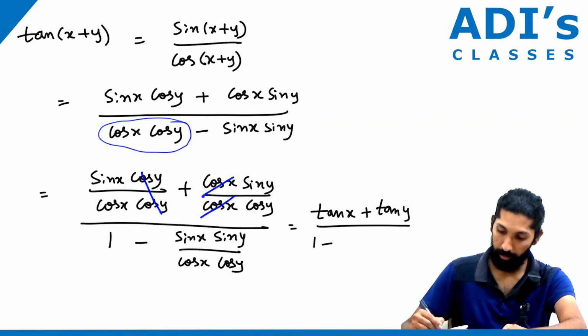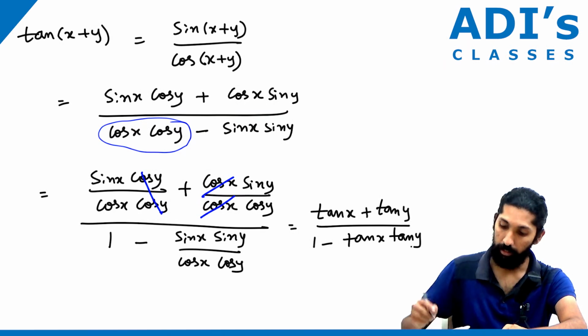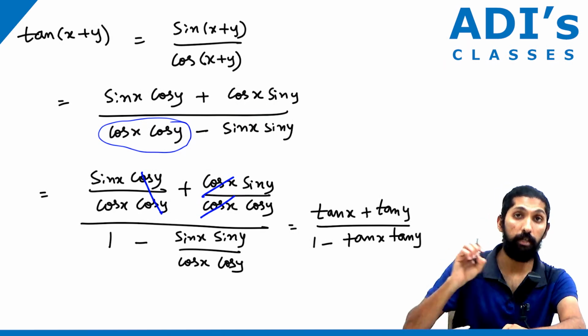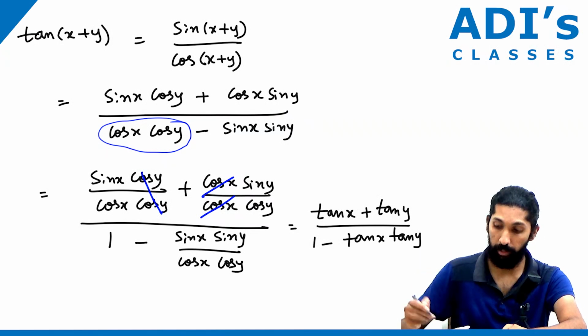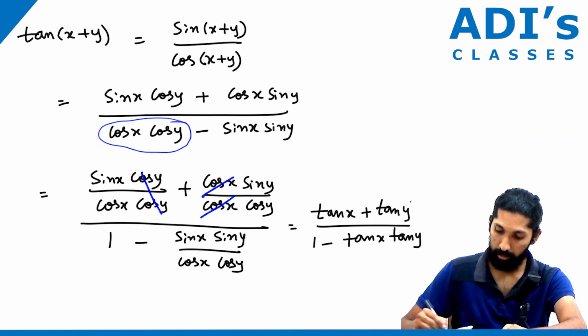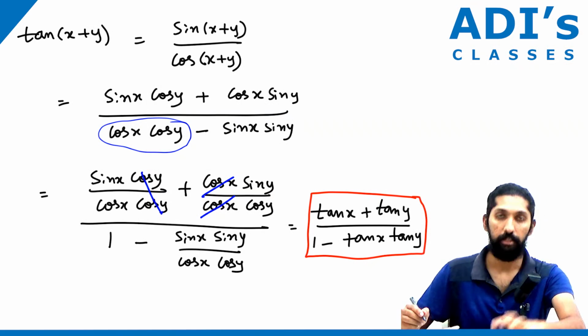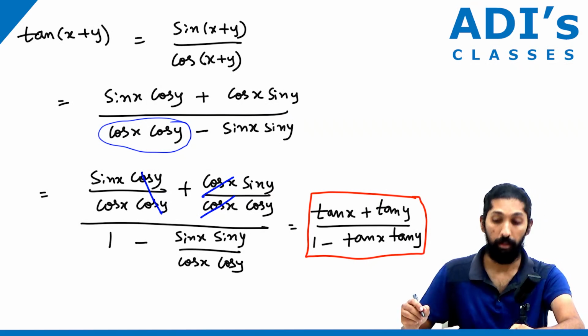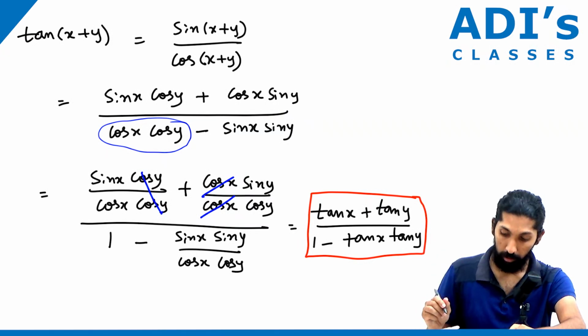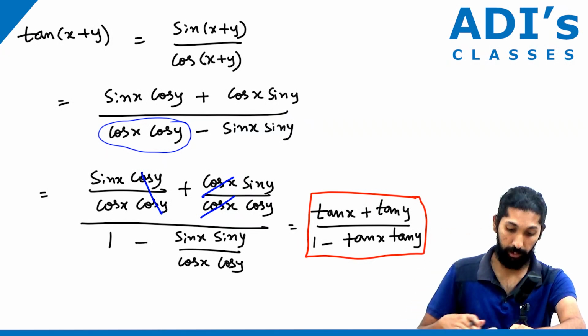Tan x into tan y. So the result, tan of x plus y, is tan x plus tan y by 1 minus tan x tan y.